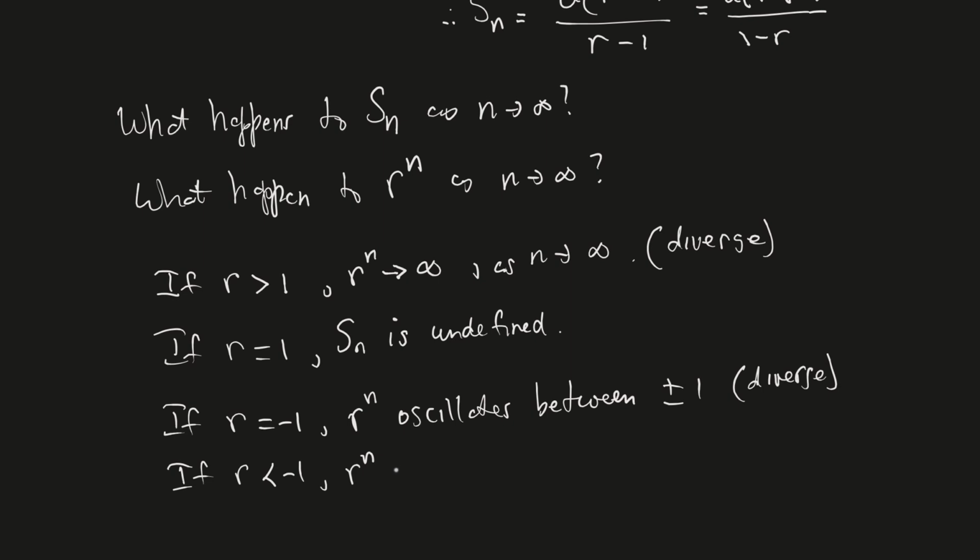So again, it could either be plus or minus, but as n goes to infinity, this number will oscillate between plus or minus infinity. So this one oscillates between plus or minus infinity. Again, diverges.